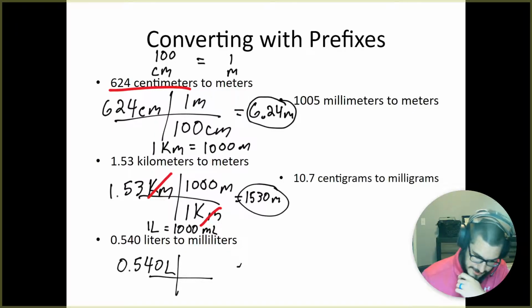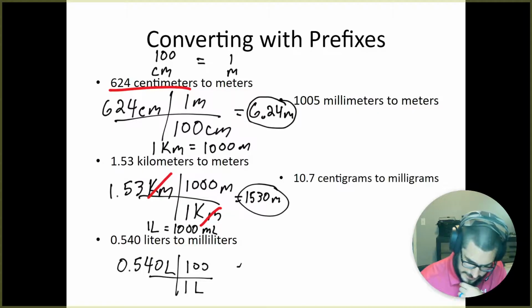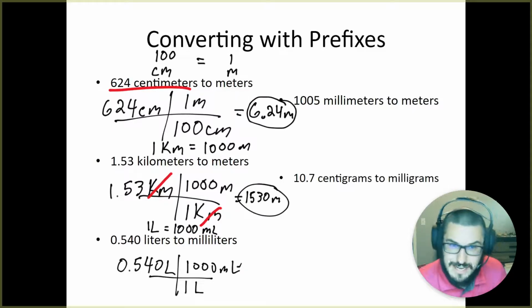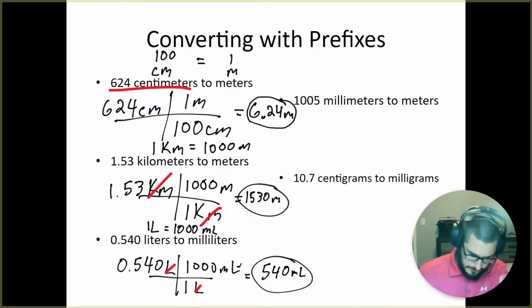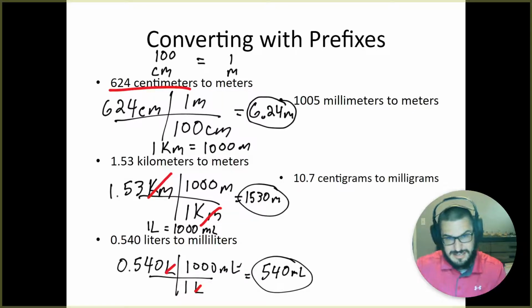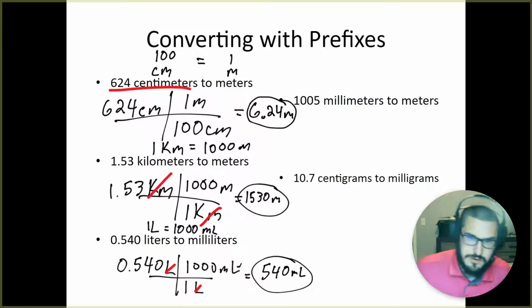I need the liters on the bottom, so that means that 1 liter goes on bottom and 1,000 milliliters on the top. I've got liters cancels, left with milliliters, so I'm good to go. So 540 milliliters. And that makes sense because liters is a bigger unit, so I should get more of the smaller unit, 540 rather than 0.54.